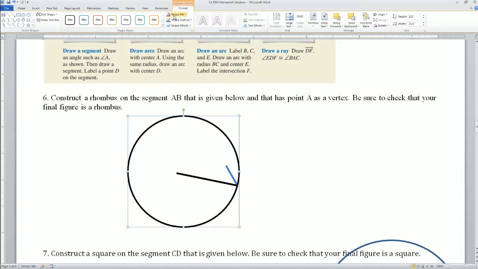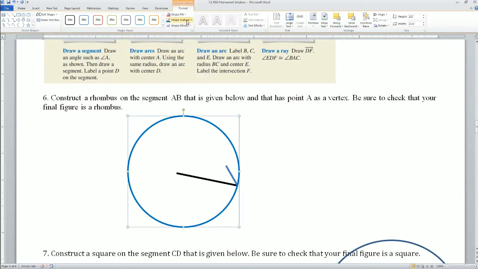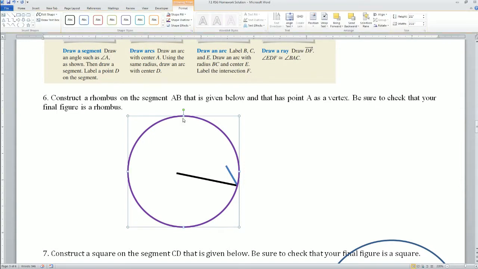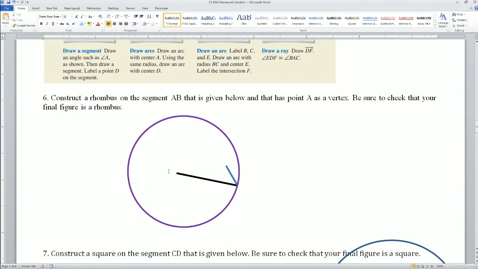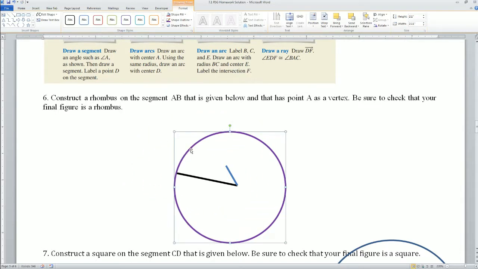I could even make this a different color if you like. No, that's a bad color. Purple. Yeah. The black line is the radius of the purple circle. Good? We can get something else from this. Watch.